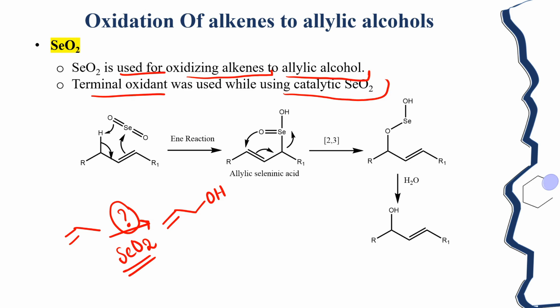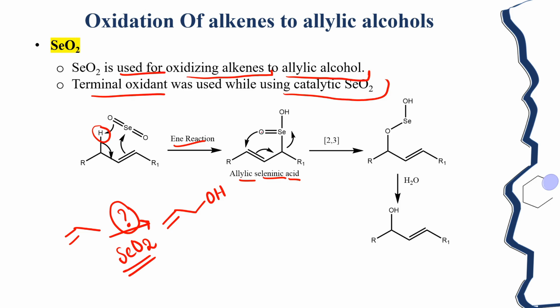So what is the mechanism of this part? First an ene reaction is observed, where the allylic hydrogen is captured by the selenium oxygen in a concerted manner to form the allylic selenic acid.